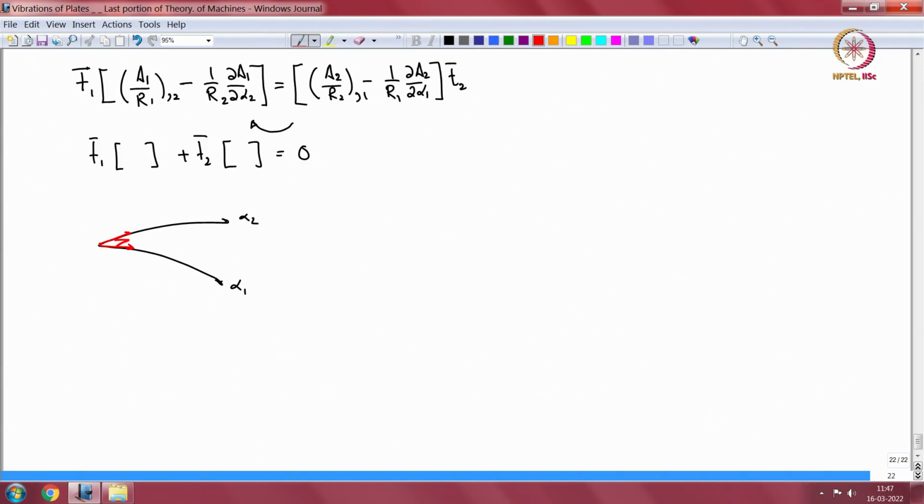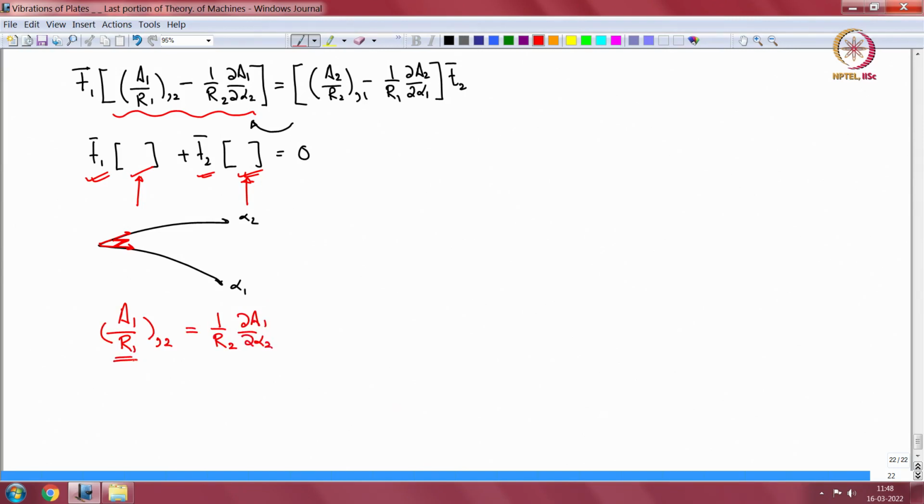They are perpendicular to each other and linearly independent, and so something in T1 and something in T2 added goes to 0. Then it must be that this is 0 and that is 0. Therefore, this term is 0, which gives me A1 by R1 comma 2 is equal to 1 over R2 del A1 by del alpha 2, which is very interesting.